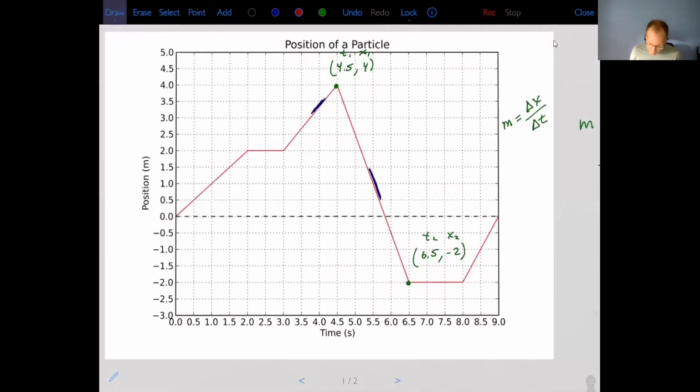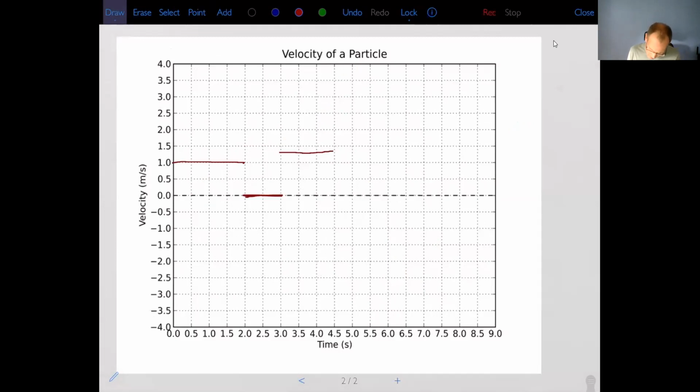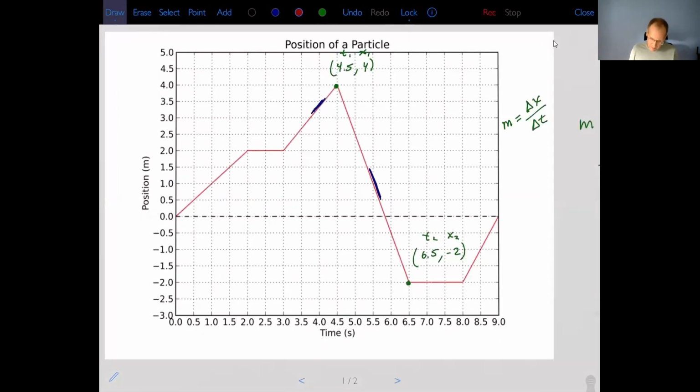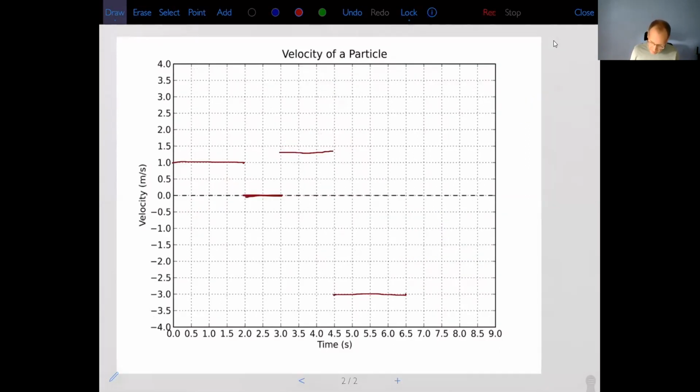Okay, what about from 4.5 to 6.5? Well, that's the one we already calculated. What's the velocity from 4.5 to 6.5? It's -3. From 6.5 to 8, well, it's flat there, so the velocity must be 0.